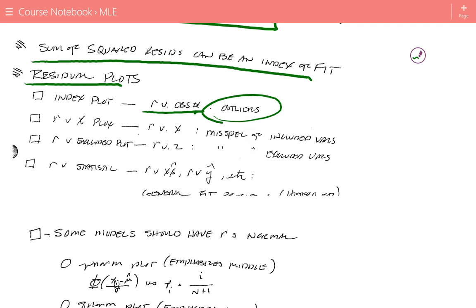You can plot the residuals with respect to x, it's a misspecification of included variables. In other words, did you actually get the mean function properly specified, or the skedastic function properly specified? This can help you understand if it was specified properly with whatever variables that you're conditioned on. You actually can plot the residuals with respect to other variables.